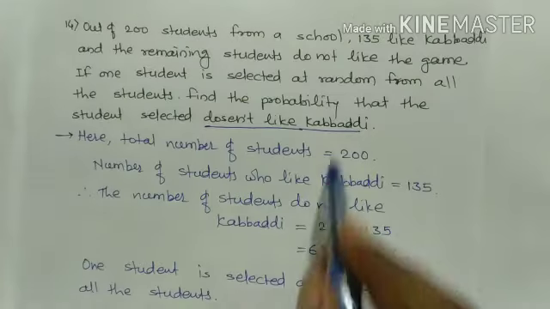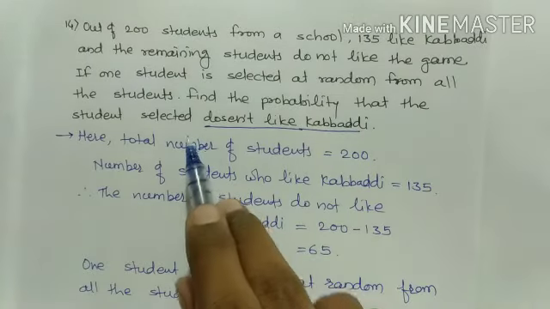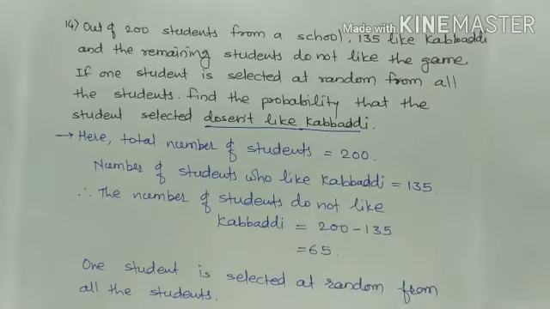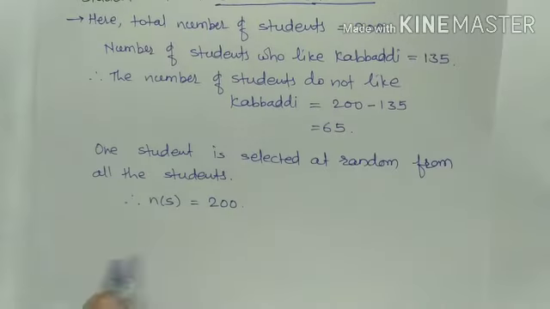Here we have to find the probability that the student selected doesn't like kabaddi. This is the event. So here we take a letter for this event.